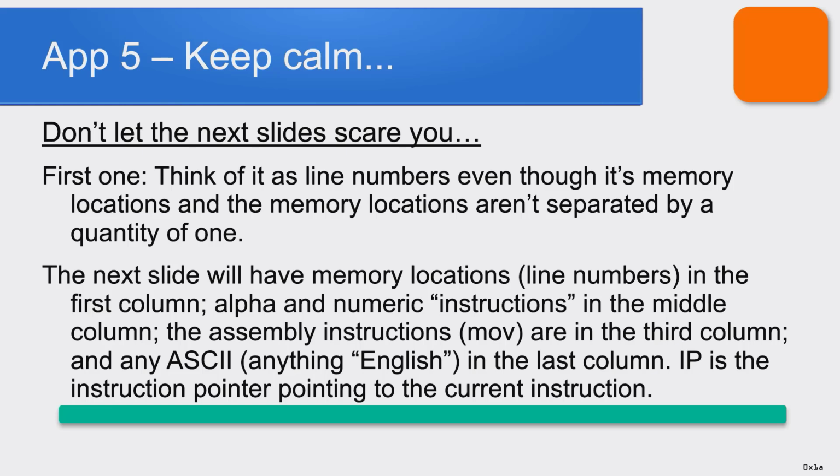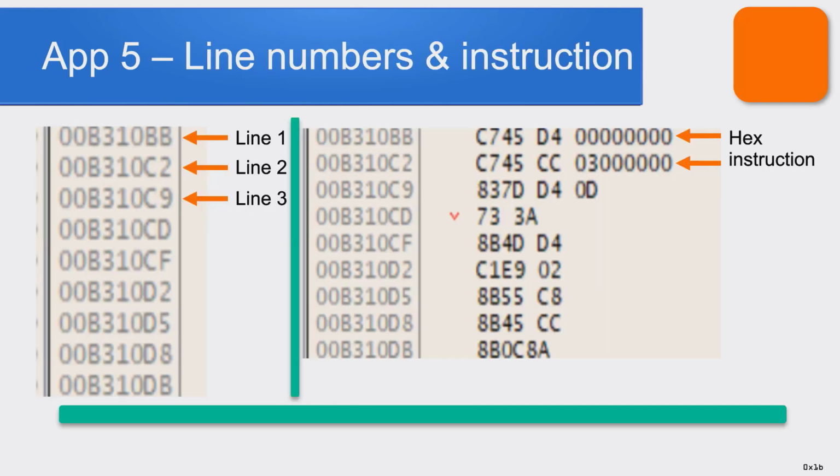That's going to be in the third column. And then any ASCII, which is American Standard Code, which is basically anything English, is going to be in the last column. And I'm going to show this all to you. And then the IP is the instruction pointer, which points to the current instruction. That's for the CPU so it knows where it's going as far as the instructions are concerned. So that's all this is.